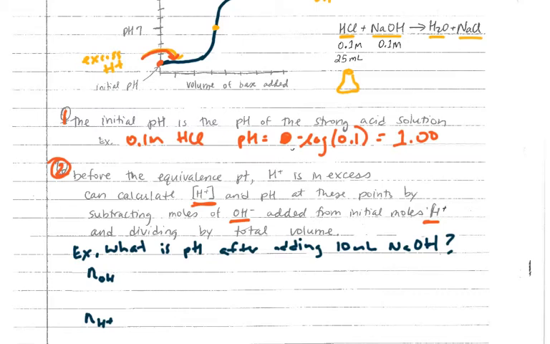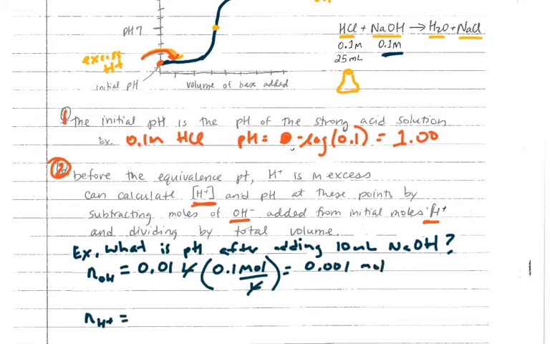So we will subtract the moles of OH from the moles of H plus. So if we added 0.01 liters, that's 10 milliliters is 0.01 liters, and the concentration of that sodium hydroxide is 0.1 molar or moles per liter, then that means that we added 0.001 moles.